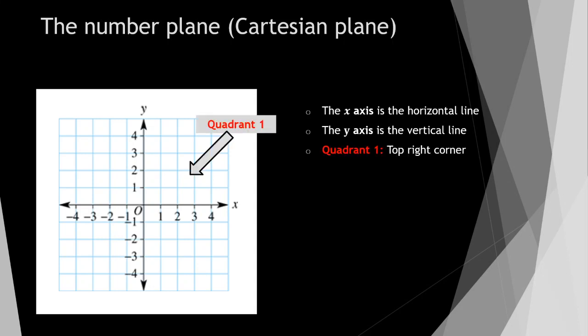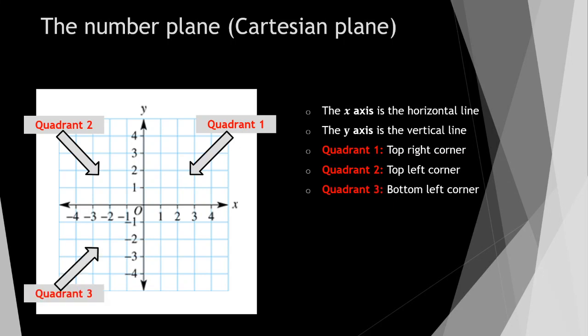The first one is quadrant 1, which is in the top right, and then we go around in a circle anti-clockwise. Quadrant 2, quadrant 3, and quadrant 4. So all we're really looking at so far is what these names are. So we've got the x-axis, the y-axis, and the 4 quadrants, each of which has its own special name, starting from the top right.